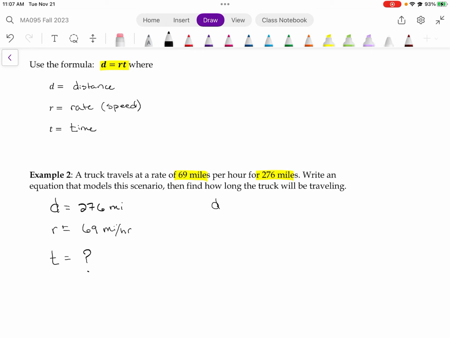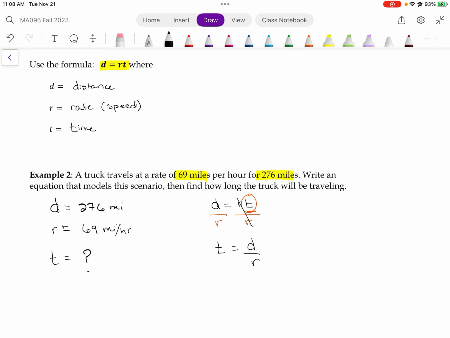So here's what I'm going to do, and you don't have to do this, but I really recommend that you start by rearranging the formula, because we have some pretty complicated formulas in science and math sometimes, and it's easier often to rearrange the formula instead of rearranging it after you plug your numbers in. So what I want to do is solve for t because that's what I'm looking for. So I'm going to divide both sides by the r, and I get t equals, the r cancels, d over r.